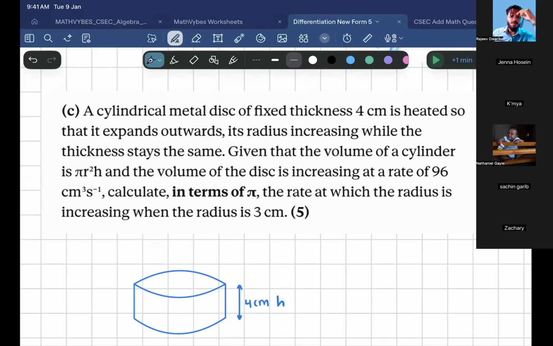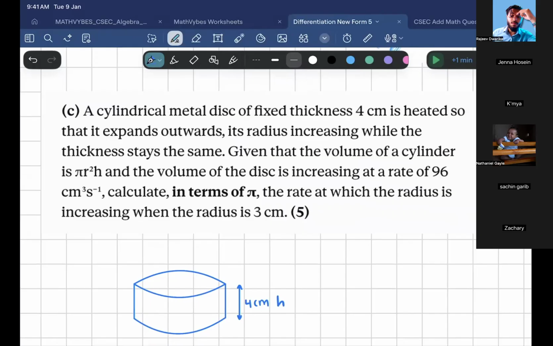So when you heat up metals, because metals have free electrons, the electrons gain energy and start to vibrate more. If they vibrate more, they're going to exert more pressure on the inner surface, and it'll push and eventually expand.